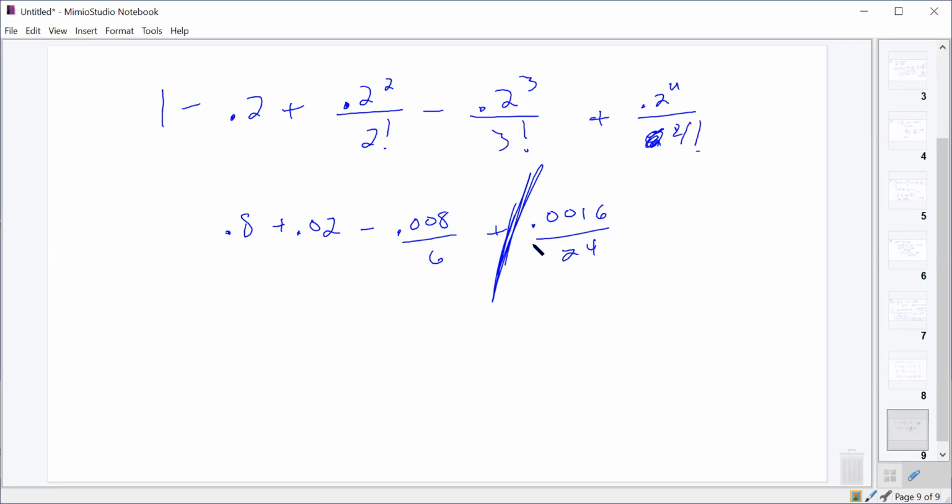And so we would just evaluate these 3. Let's do 0.008 divided by 6 plus 0.02 plus 0.8. That must be 0.8191.